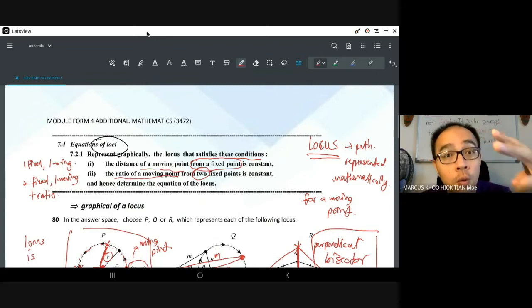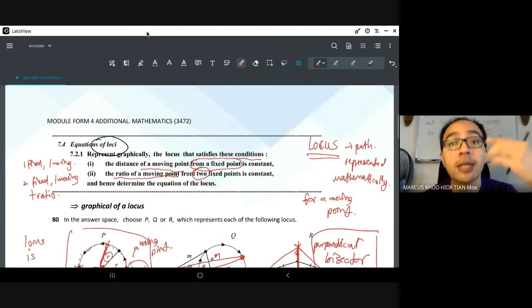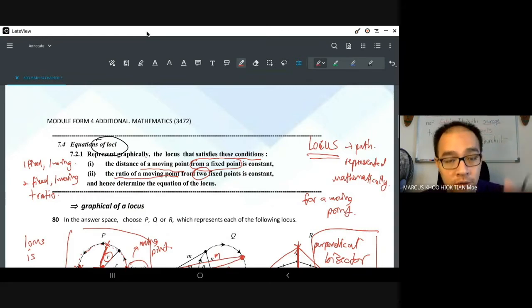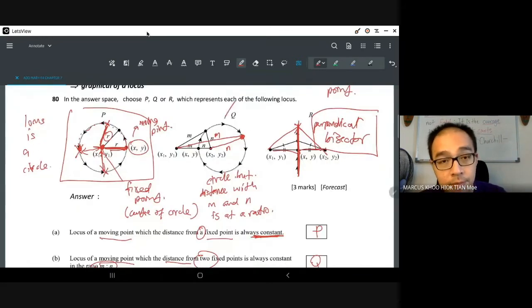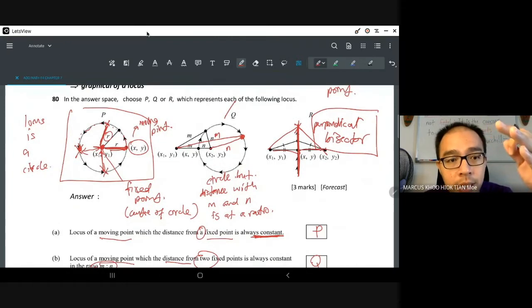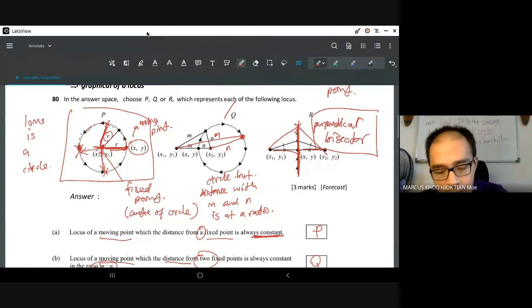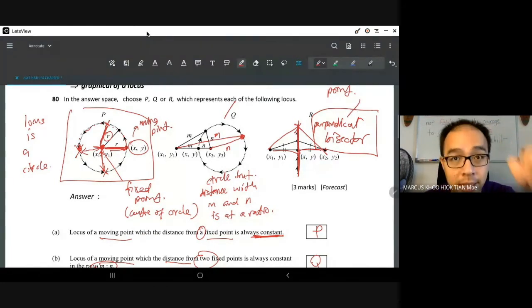If it is two fixed points and one moving point, and there's a ratio involved, it is also a circle, but the distance is always a ratio. The third situation is two fixed points, one moving point, but the distance is the same, not a ratio. Then the locus is a perpendicular bisector.